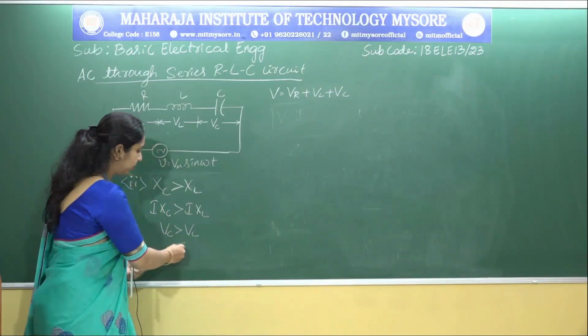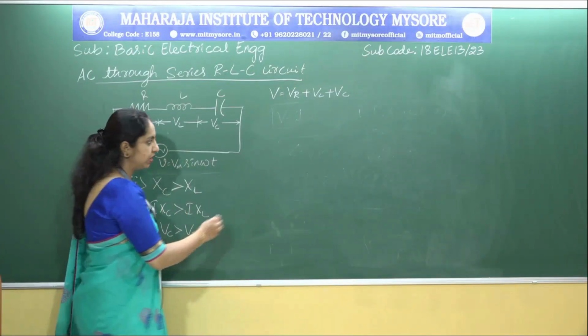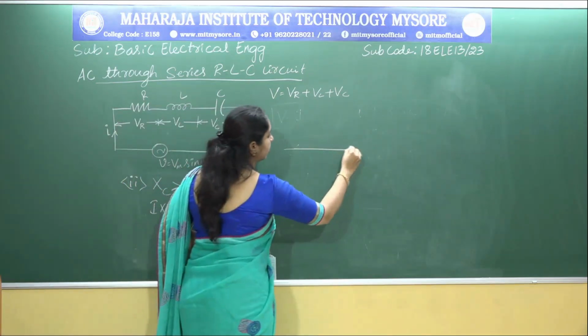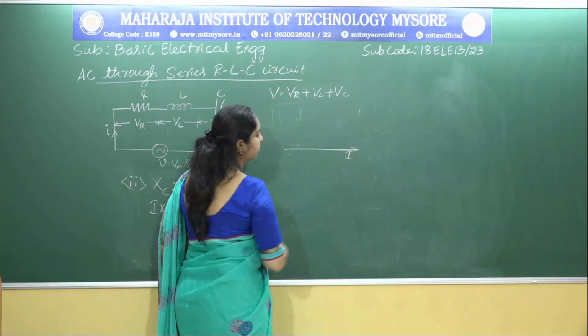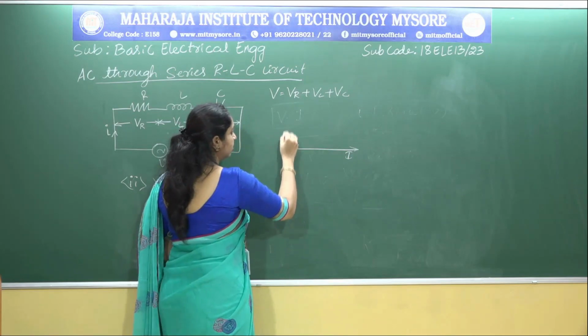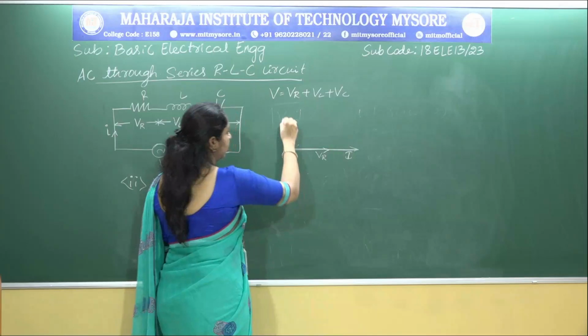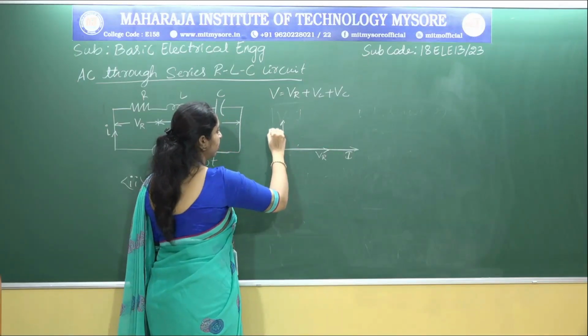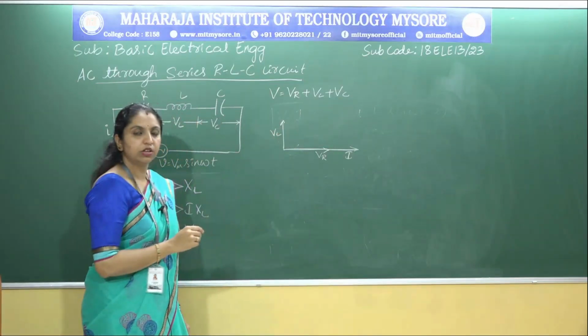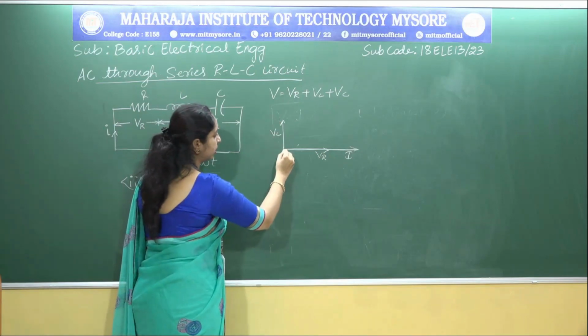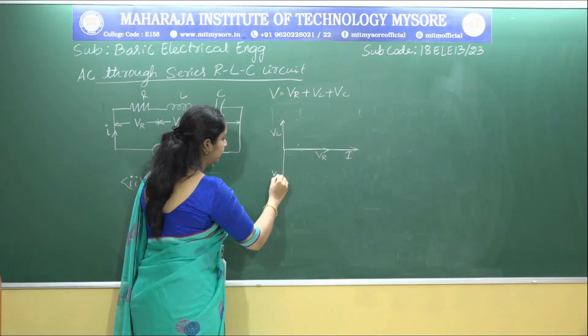So in the phasor diagram, the current comes at this point, and in the same line VR exists, and here again VL. Remember, VL always comes in this direction.